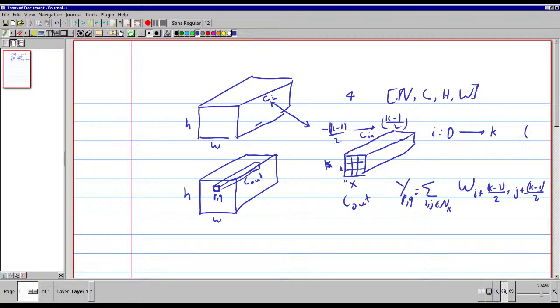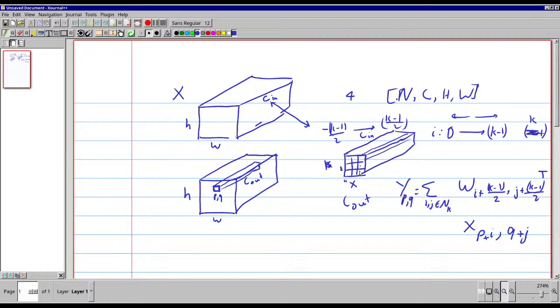Times X at point P plus I, Q plus J. All right, so this dot product would give us 1 value.